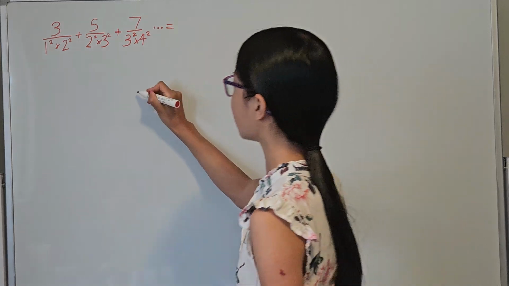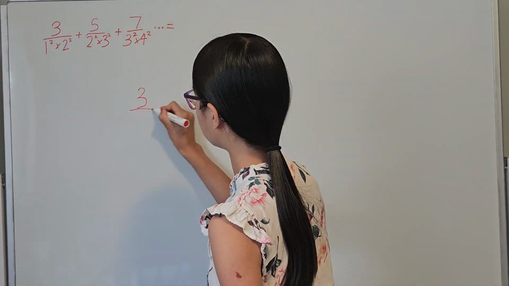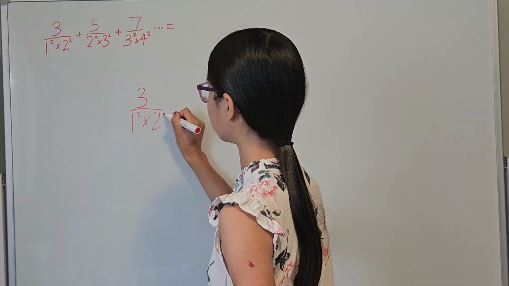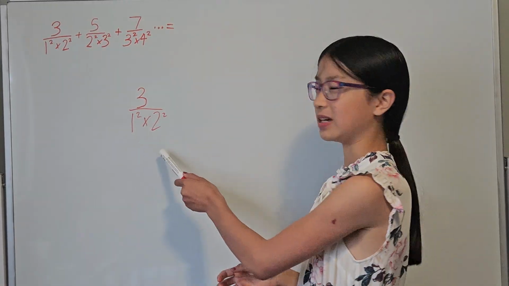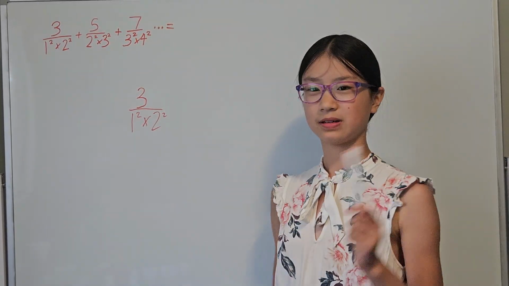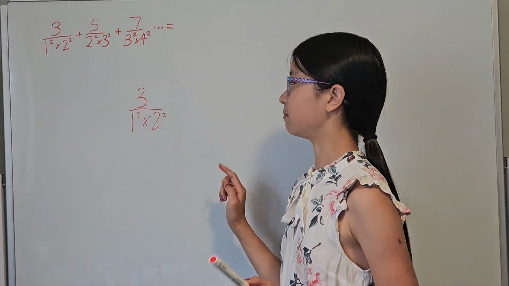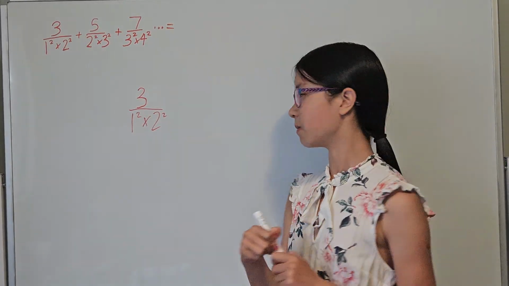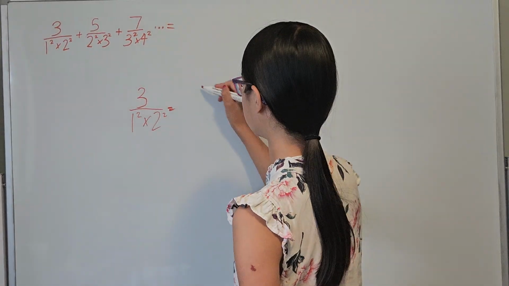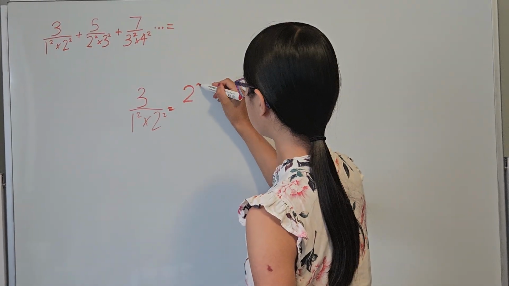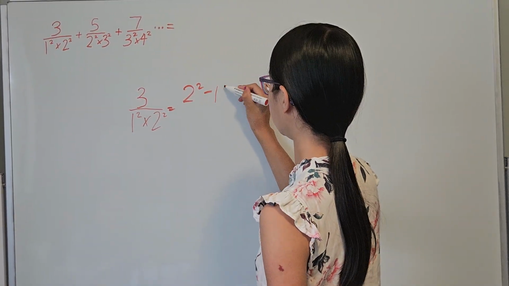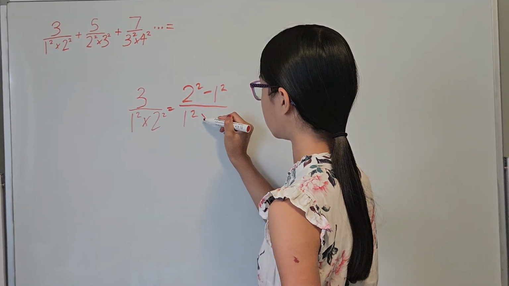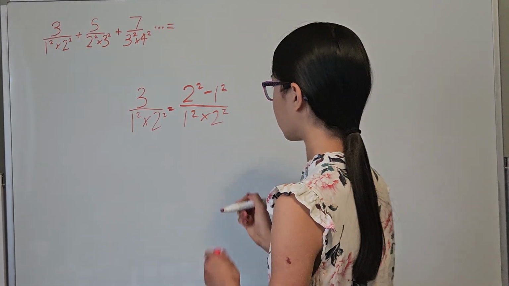So for example, we have this fraction, 3 over 1 squared times 2 squared. And then we have to use the perfect squares to make that equal 3. So we can notice that this also equals 2 squared minus 1 squared over 1 squared times 2 squared.